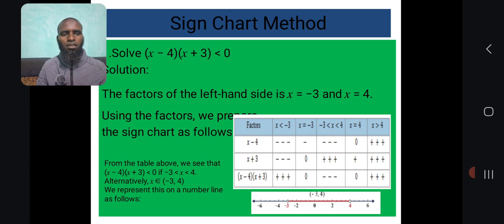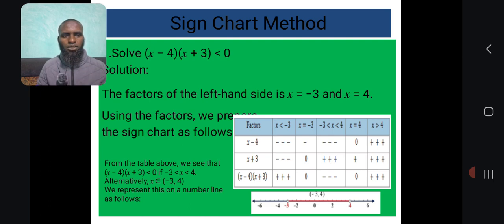If x is greater than minus 3, for example minus 2, then minus 2 plus 3 gives us positive 1. Therefore, above x equals minus 3 it will be positive. And if you take minus 4, for example, minus 4 plus 3 will be negative 1. Therefore, it is negative.